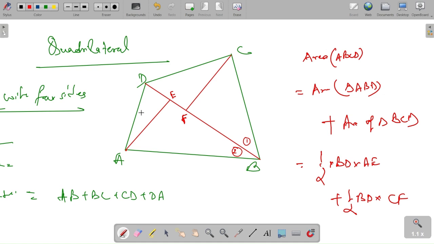Because what we have done is cut the quadrilateral by putting up one diagonal, which makes it two different triangles. Now I have drawn one altitude from this side, one altitude from this side. So this altitude and this base multiplied, divided by 2, gives me the area of this triangle. Similarly, the other one gives this triangle. And the beauty is your BD is common. See, half and BD are common.